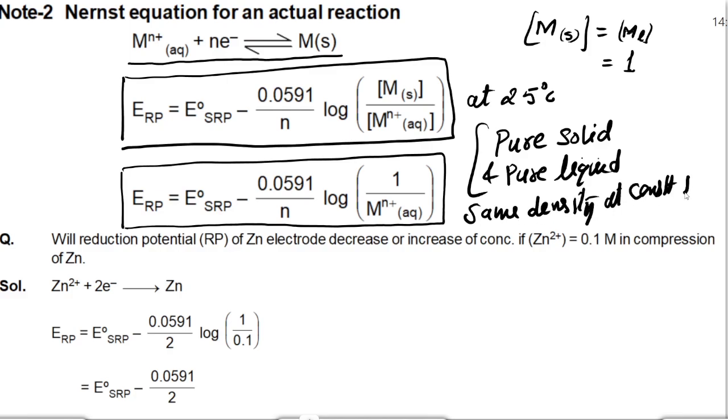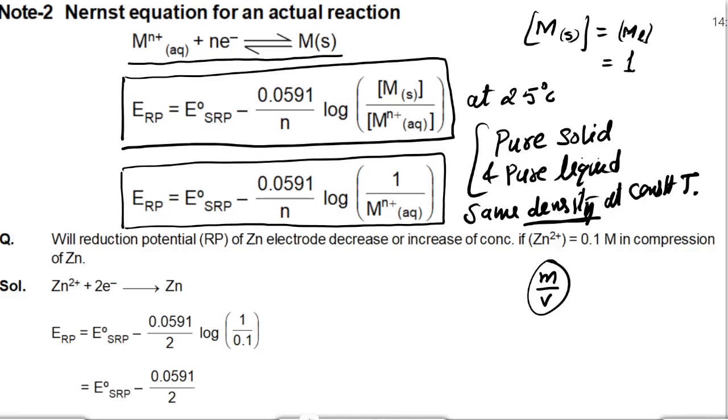If we keep the temperature constant, density is the same, and so is the concentration, because a decrease in mass is equivalent to a decrease in volume. So concentration remains the same for pure solid and pure liquid.